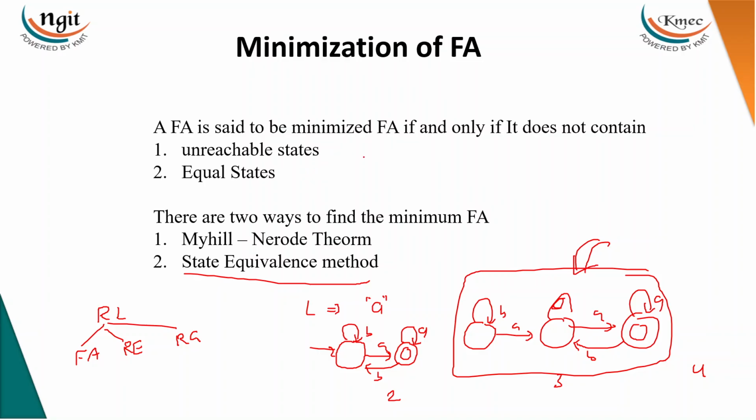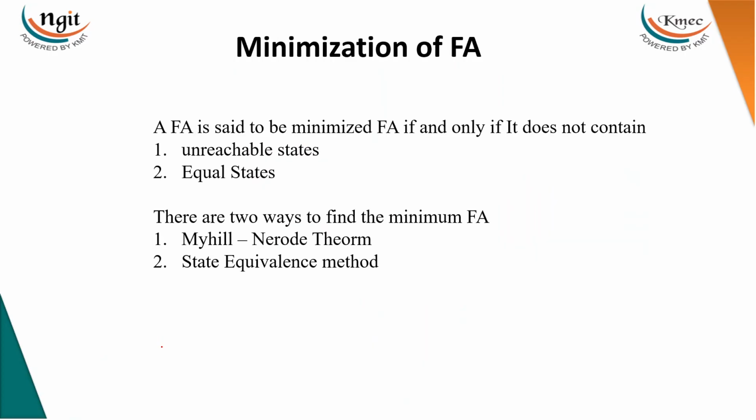What does it mean by unreachable? A state which is not reachable from the starting state is called unreachable. So by default, you have to eliminate such states. You don't need to look for anything. If you are given an automata and asked to check for the minimal automata, first just remove all the unreachable states, whether final or non-final. For example, assume we have A, B and C, and A is the starting state.